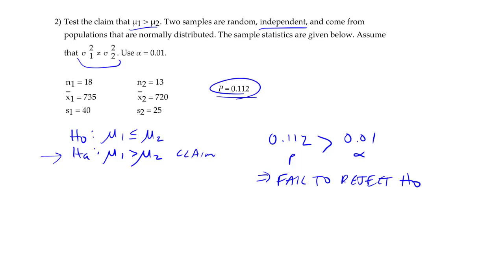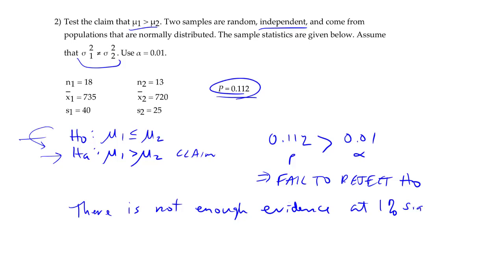So that's a support mode. So we failed to reject, so we weren't able to get there. So there is not enough evidence at 1% significance level to support the claim.